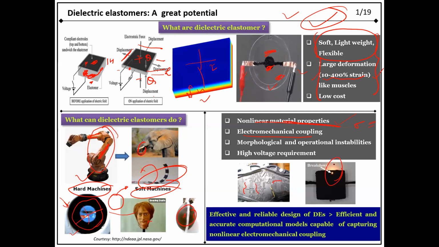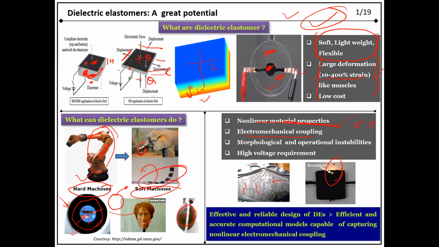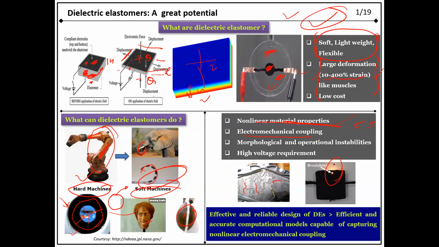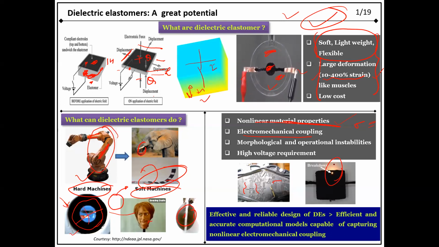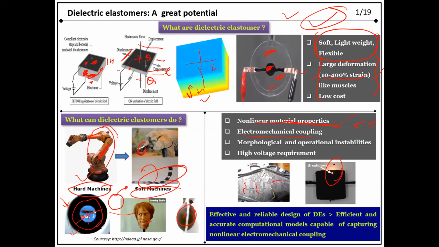So the dielectric breakdown is also a restriction for the application of such materials. And another thing is required in order to actuate such materials by electric voltage or potential difference. It will require a high voltage.